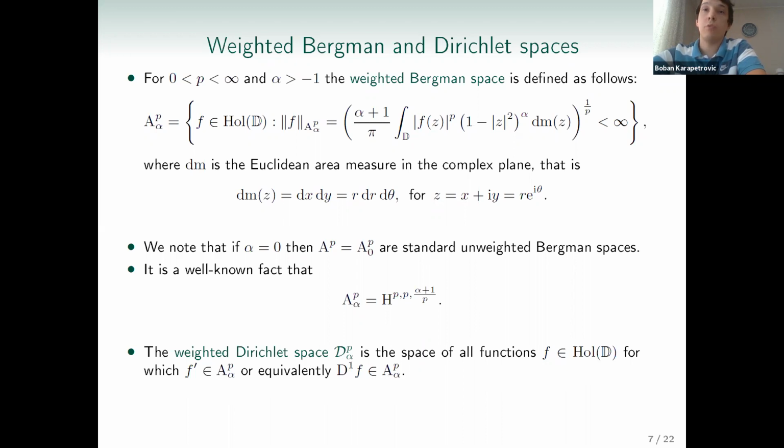And so we can write that the Dirichlet space D^p_alpha is actually D^{-1} of the weighted Bergman space, and that is D^{-1} of this mixed norm space. And this is exactly the generalized mixed norm space with these parameters p, p, (alpha plus 1) over p, and down 1.